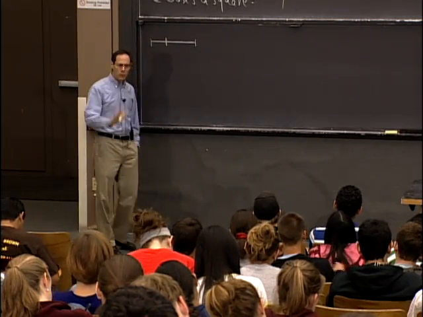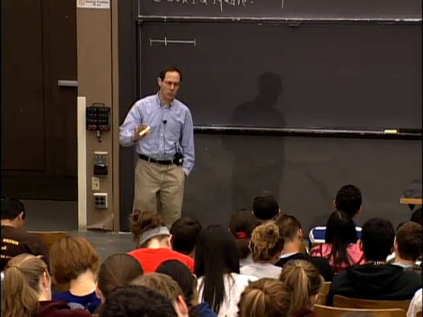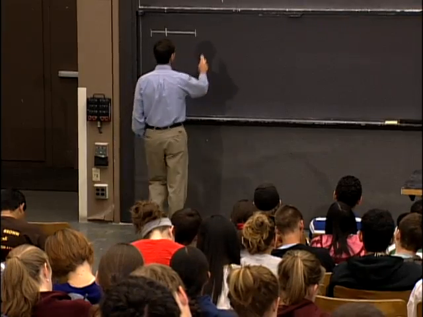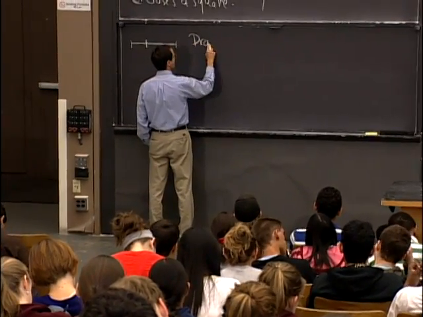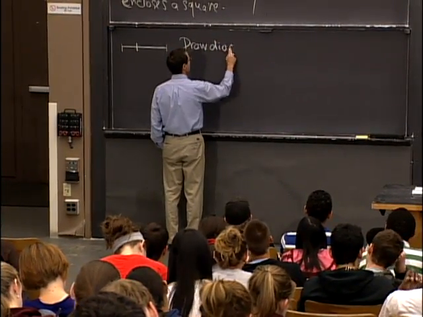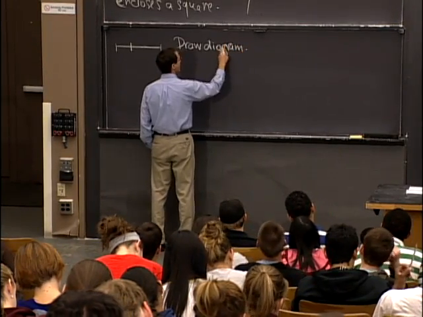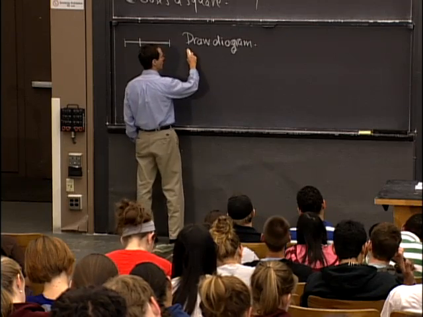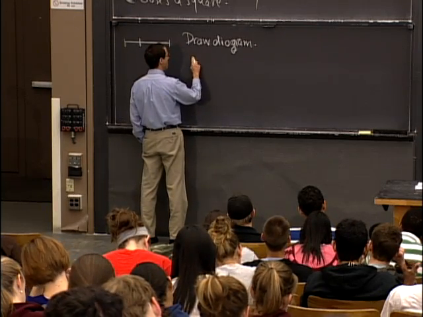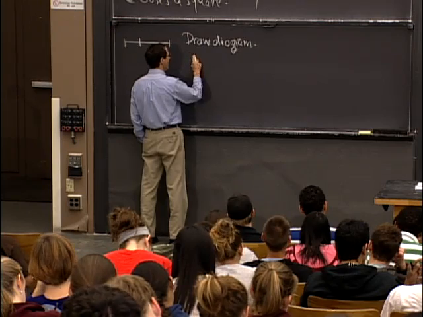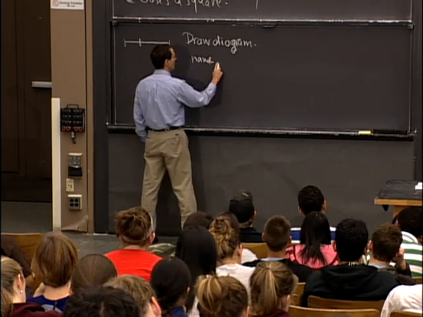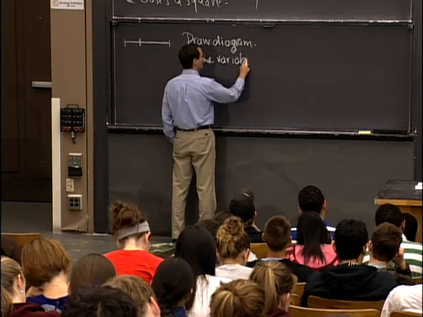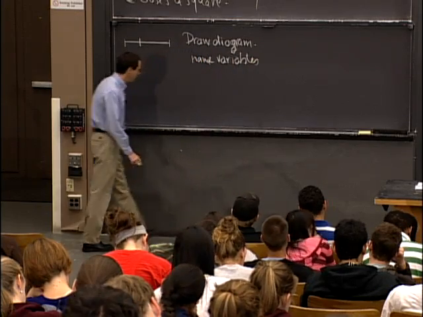And when you draw the diagram, you're going to have to pick variables. So those are really the two main tasks to set up the problem. This is like word problems of old in grade school through high school. Draw a diagram and name the variables. So we'll be doing a lot of that today.